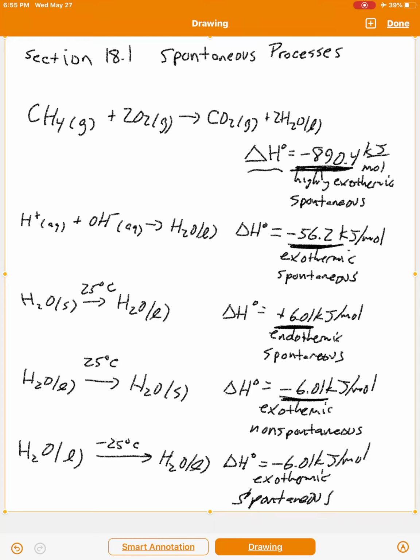So for example, at 25 degrees C, the freezing of water, although it is exothermic, is non-spontaneous. Change the temperature to negative 25 degrees C, and suddenly this process becomes spontaneous. So what we'll see as we continue in this chapter is that there is a second factor related to the spontaneity of a process. And that second factor is called entropy.